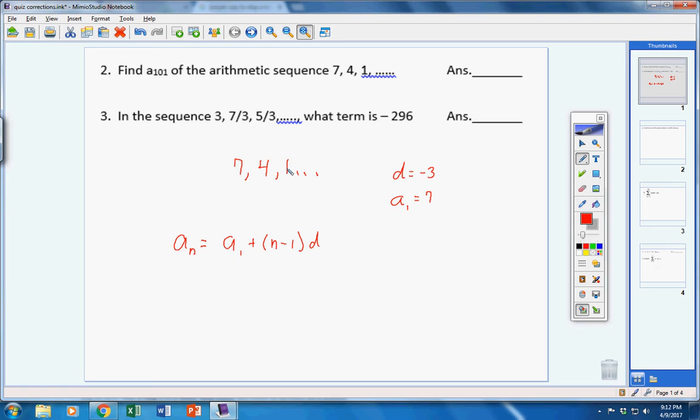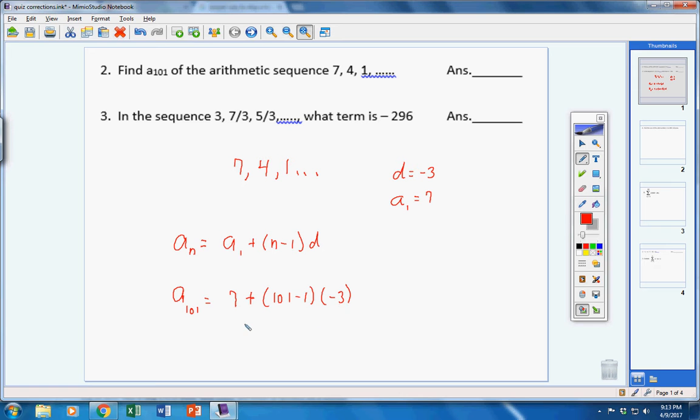Now we're looking for the 101st term, so a subscript 101 equals a subscript 1, your first term, 7, plus n. Well, n is the same n that's here, and what do we put for n? 101. So for n we put 101, and then for d we put negative 3.